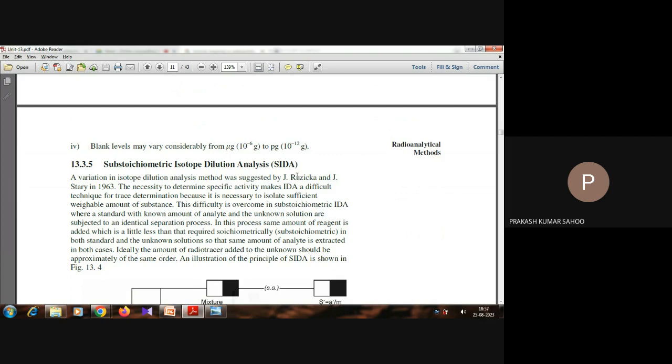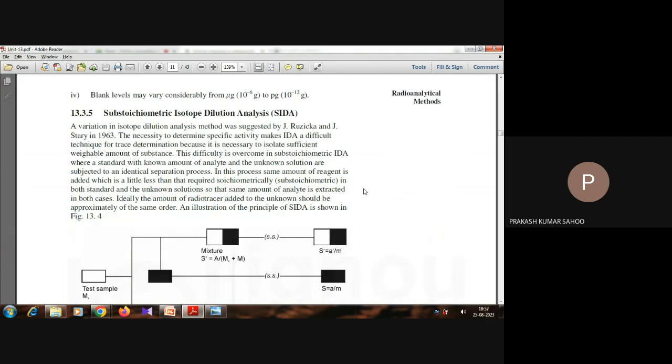Then we have sub-stoichiometric isotope dilution analysis, that is SIDA. Sub-stoichiometry means, I think, that here the radioactive concentration will be half of the concentration of the analyte. This variation of the isotope dilution method was suggested by Ruzicka and Stary in 1963.